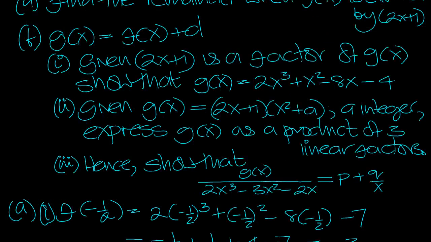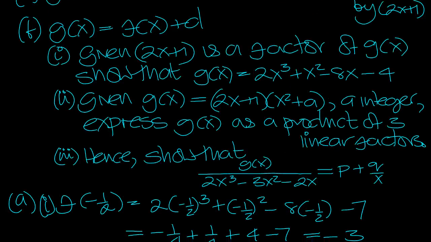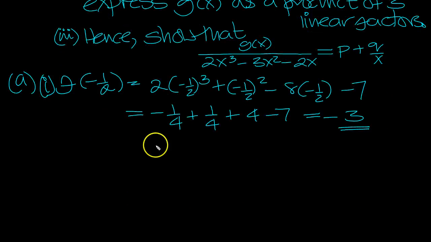Now part 2. g of x is equal to this, and this is a factor. So g of minus a half, because 2x plus 1 is a factor, equals 0.